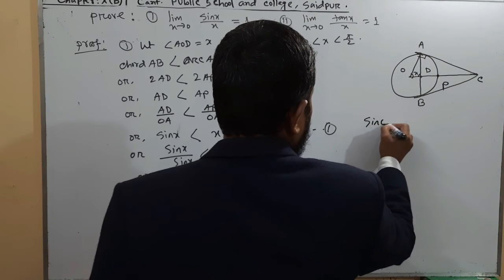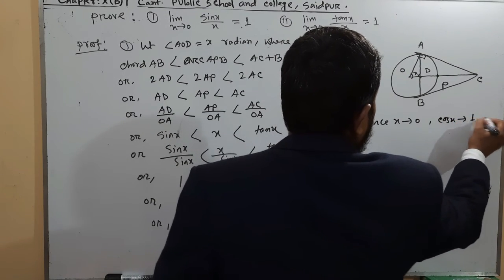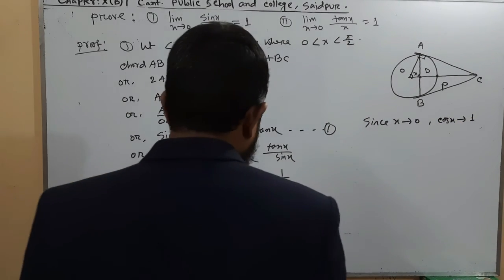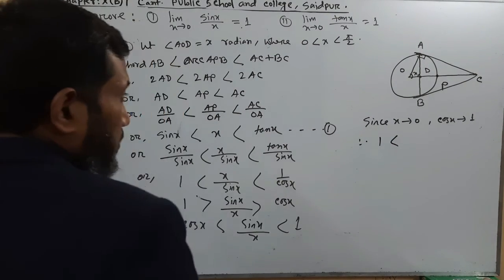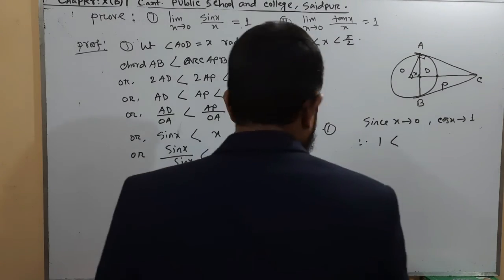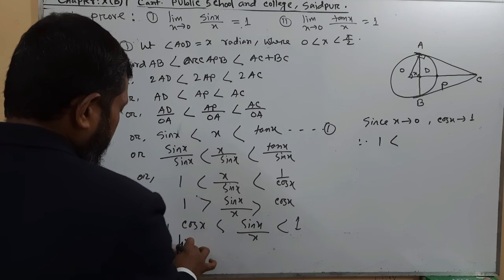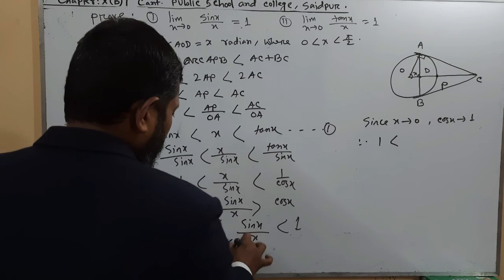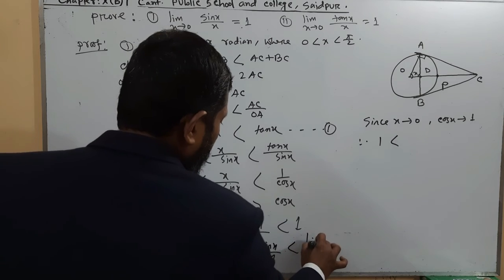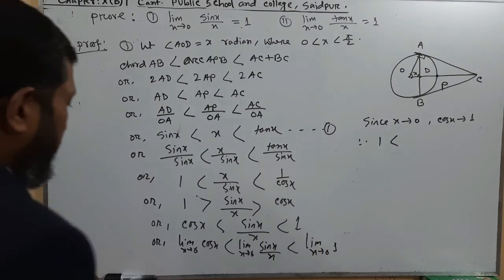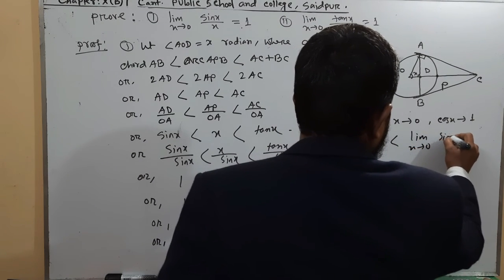Since x tends to 0, cos x tends to 1. If we write limit x tends to 0 of cos x, limit x tends to 0 of sin x by x, limit x tends to 0 of 1, we get 1 less than limit x tends to 0 of sin x by x less than 1.